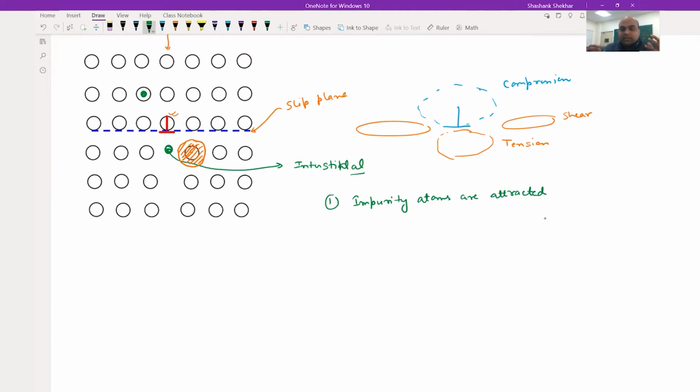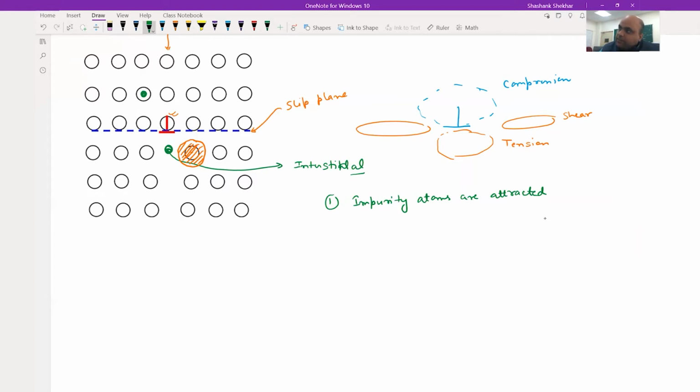Remember, in the last lecture we discussed that both are associated with a strain field. The edge dislocation has a stress field, and these impurity atoms also have a stress field. The stress fields interact with each other, and these atoms will go to the core of the edge dislocation to reduce the overall strain and energy of the system.